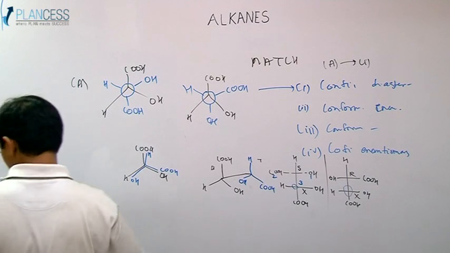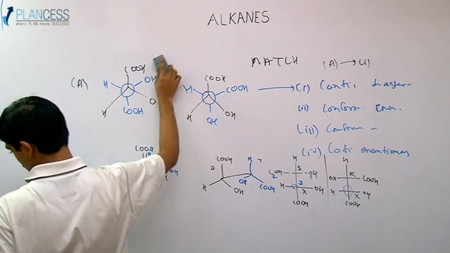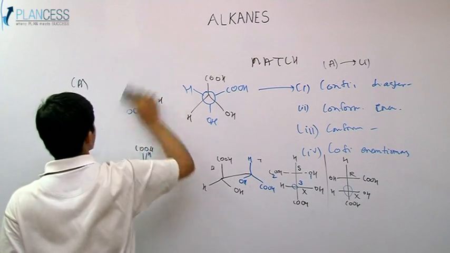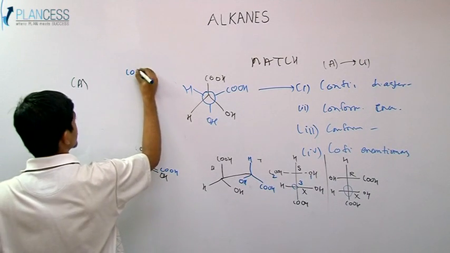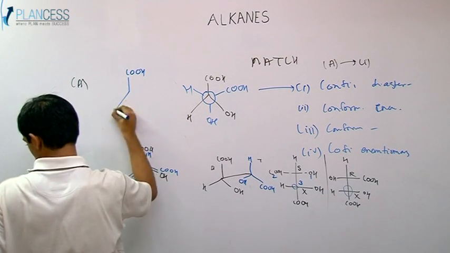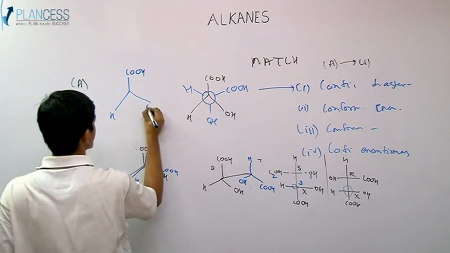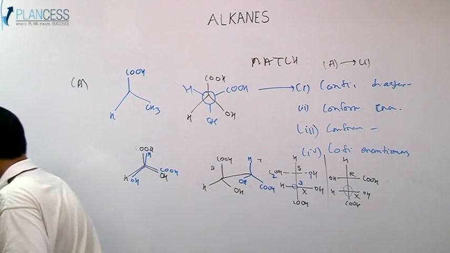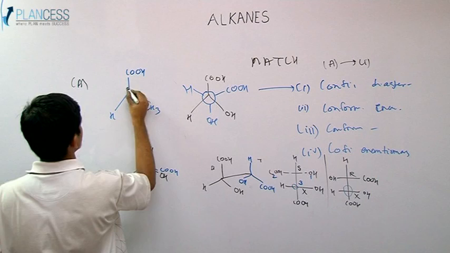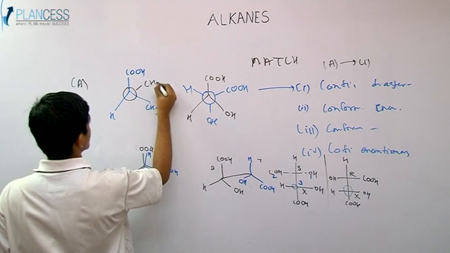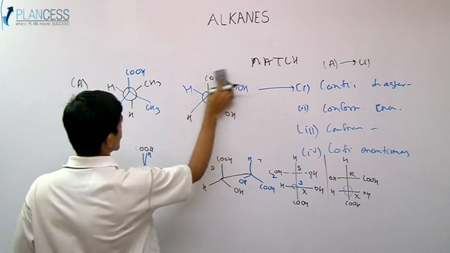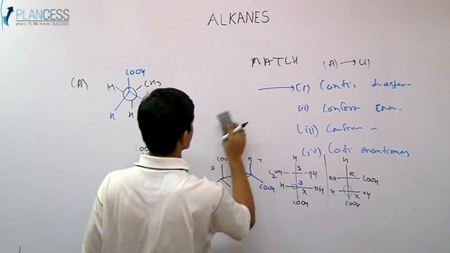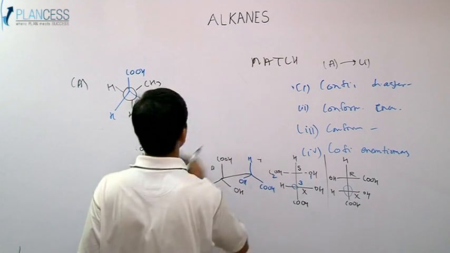Next what we see is the second Newman projection, which is COH, H, CH3, and at the back we have CH3, H and H. CH3, H and H. Fine. This also we have to change. This arrow we can remove.